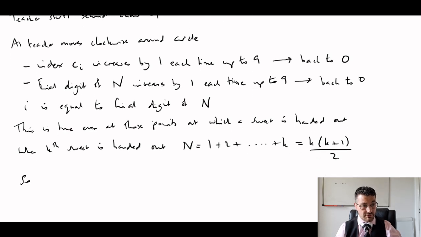Therefore, the index I is equal to the final digit of k times (k plus 1) over 2.